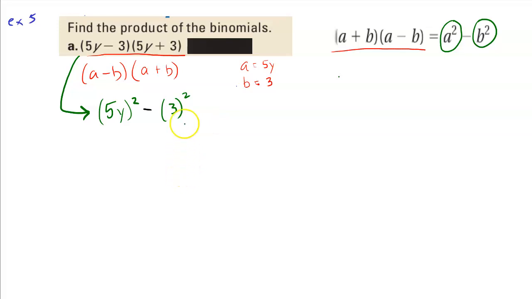There's my answer. And we can clean it up a little bit as well, because 5y squared is 25y squared, minus 3 squared, which is 9. So I can get to my answer quicker by noticing these patterns.